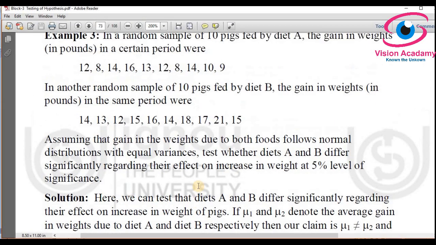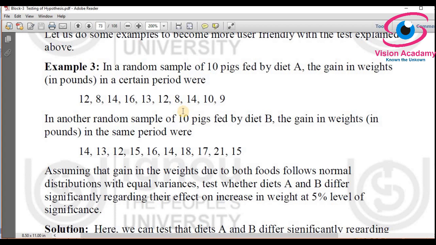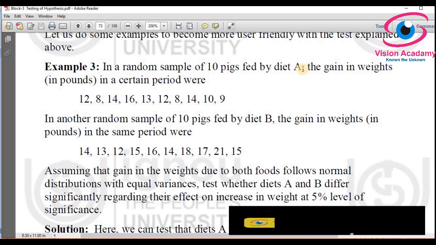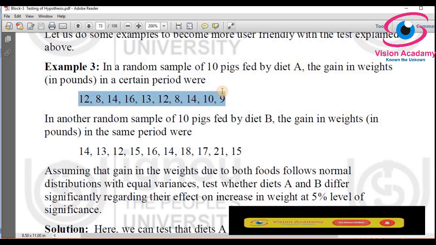Here is a problem for our calculation today. I am going from little theory to practical, because it gives more comprehension, as per my understanding. Here, 10 samples of pigs are fed diet A; the 10 samples are given here.